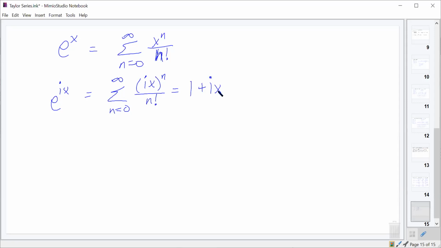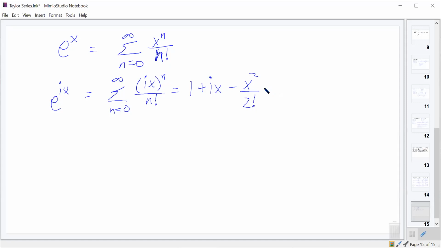When n equals 2, this should become x squared, and it should become what? It should become a minus because we'll have i squared. Remember, i is the square root of -1, so i squared is -1. So we're getting a minus x squared over 2 factorial. So no imaginary unit in that one, right? What about the next one when n equals 3? I cubed is what?